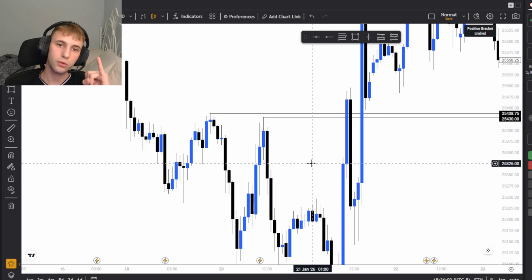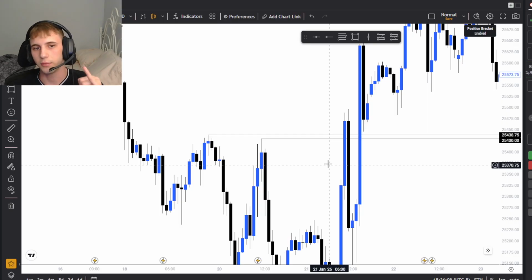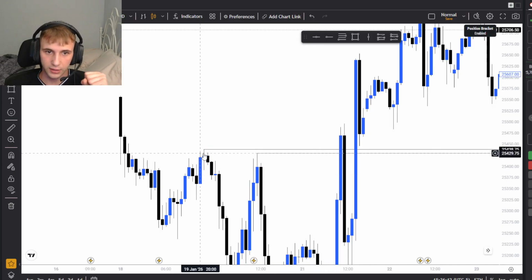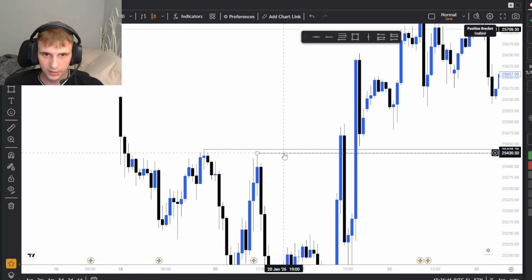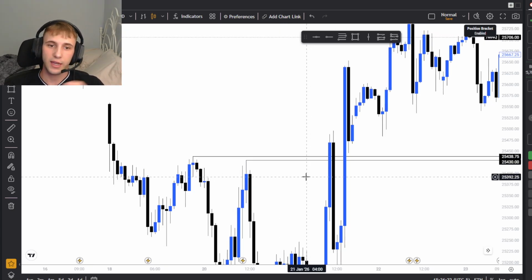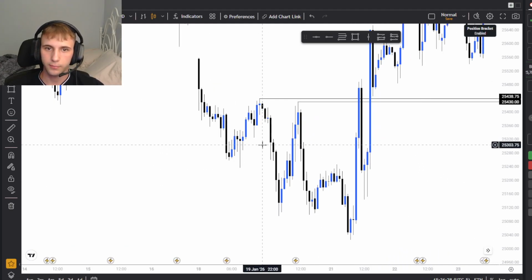Relatively equal highs are extremely strong draws on liquidity. And equal highs, let's say these two highs were at the exact same price, not a tick or a point above or below each other, then they would be considered equal highs, and that is even stronger than relatively equal highs. The reason why they're strong, well, think about it, right?